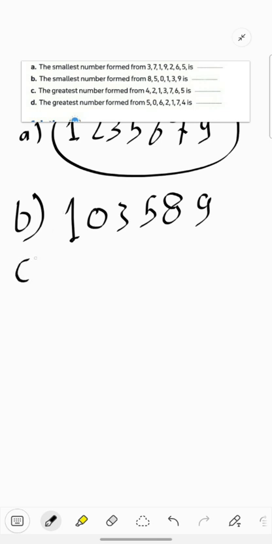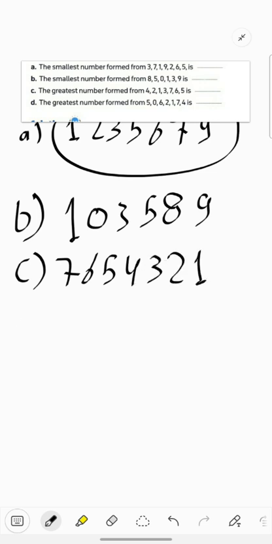Letter C. The greatest number formed from any digits. You need to arrange the digits from the greatest to the smallest. Okay? So the greatest number here is 7, 6, 5, 4, 3, 2, 1.